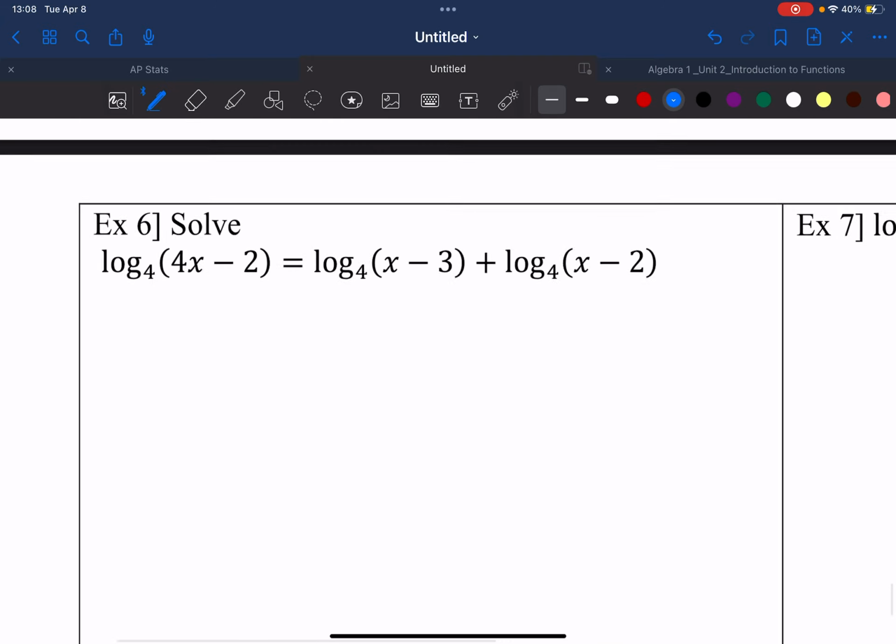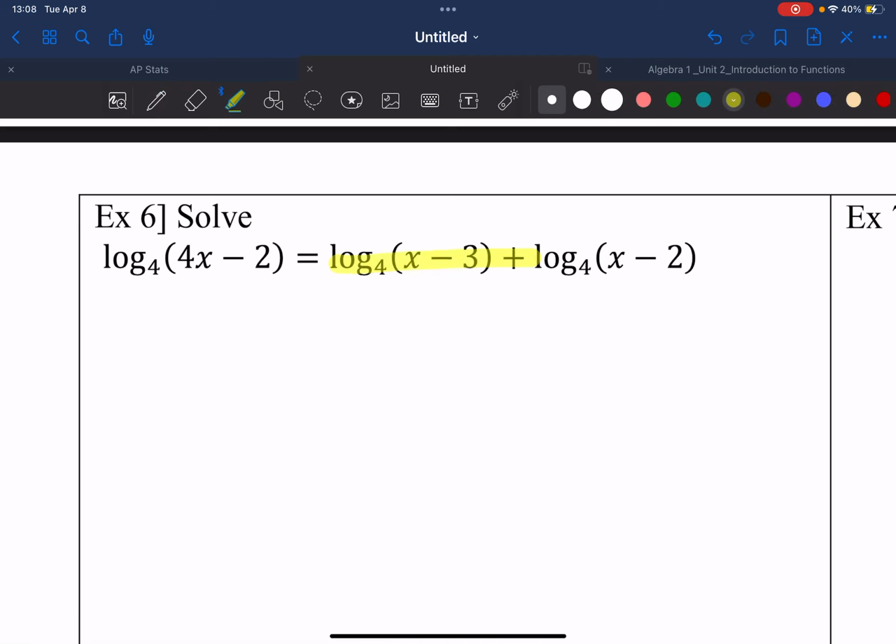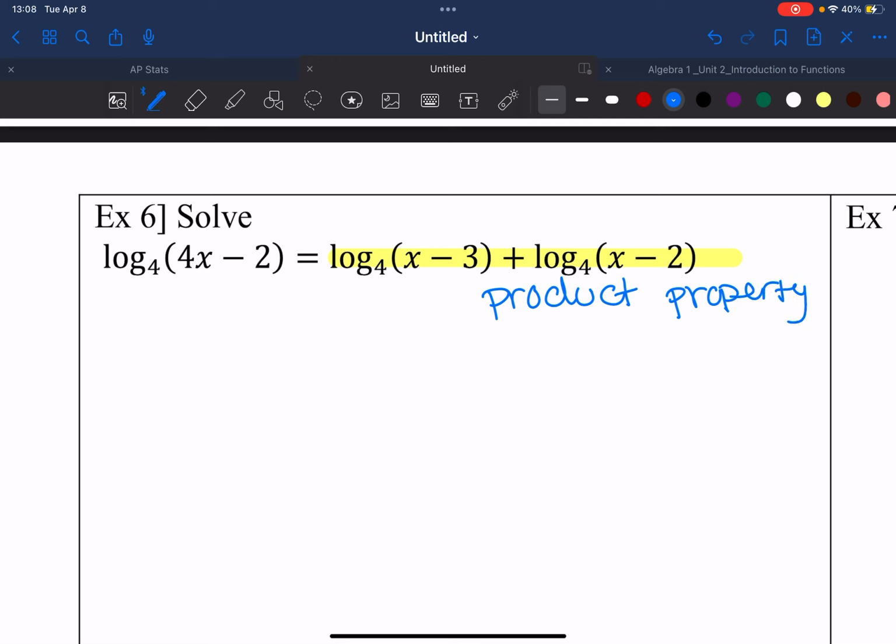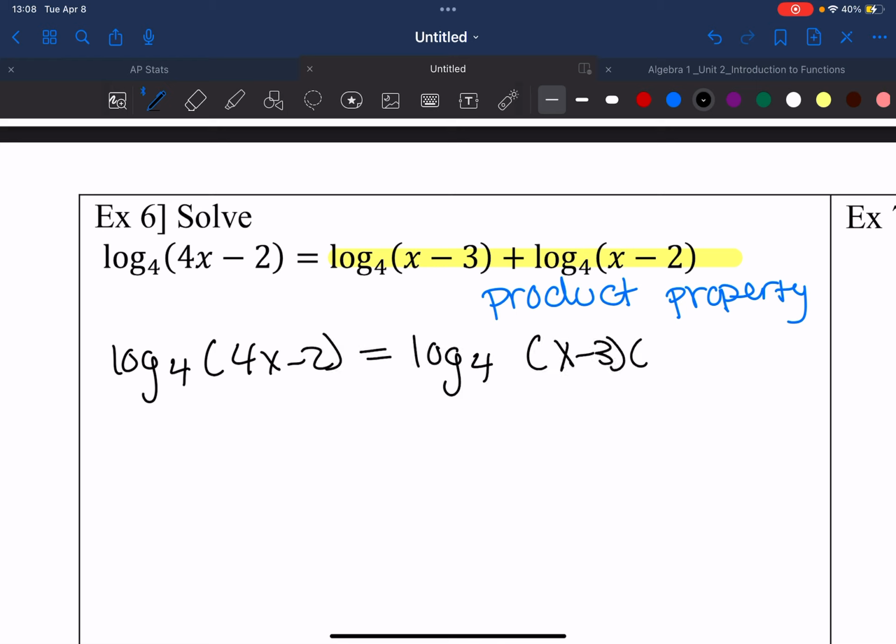Number 6. Okay, again, we have 2 logs on one side, so I have to use the product property to condense them. So then this becomes log base 4 of 4x minus 2 is equal to log base 4 of x minus 3 times x minus 2.